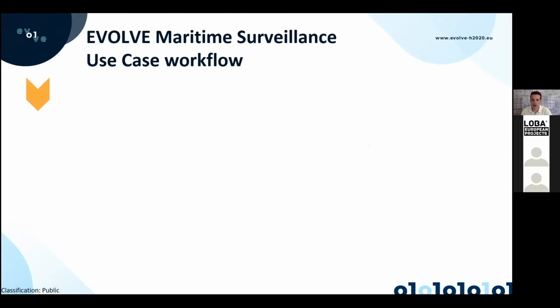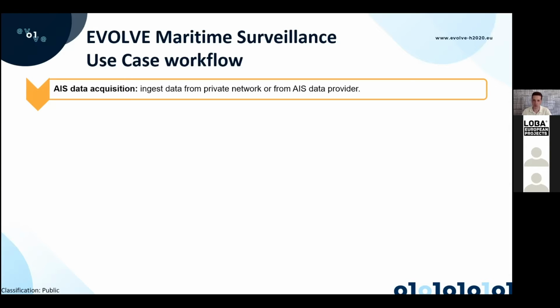So I'm going to go over briefly the different stages of our workflow in order for you to better understand how the application works. The first stage, as you might imagine, is the acquisition of data. The acquisition of AIS data, the signals which the ships emit, is done by both a private network of receivers, and also an external AIS data provider with which we have collaboration.